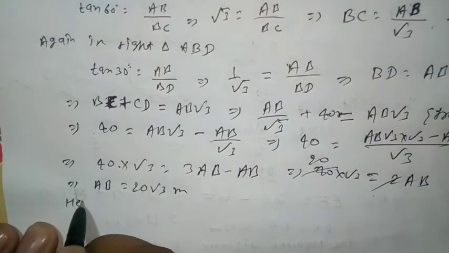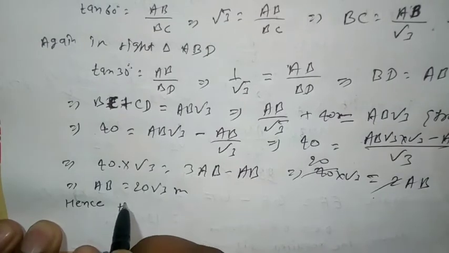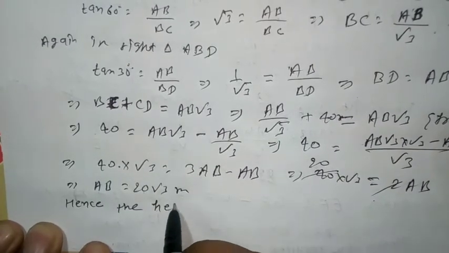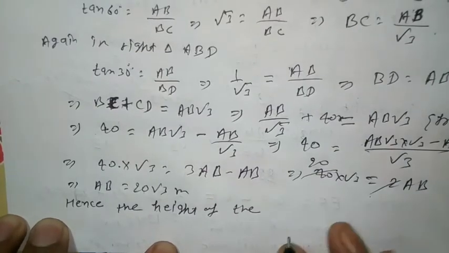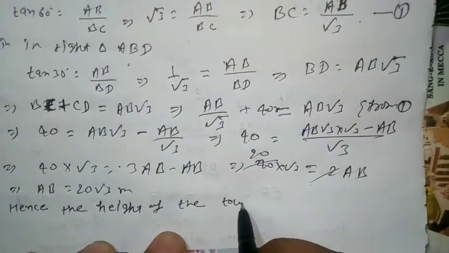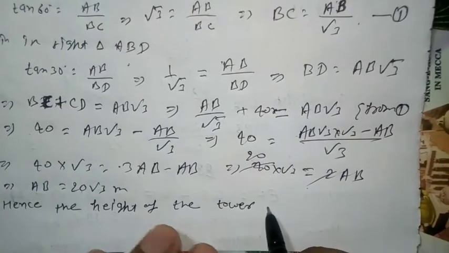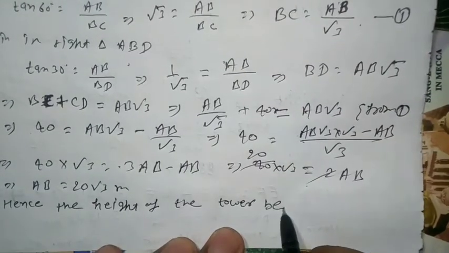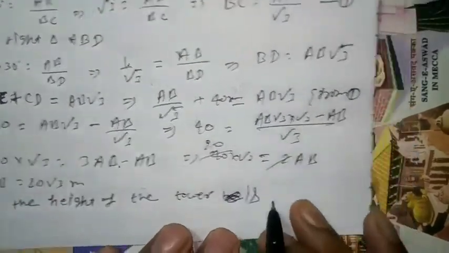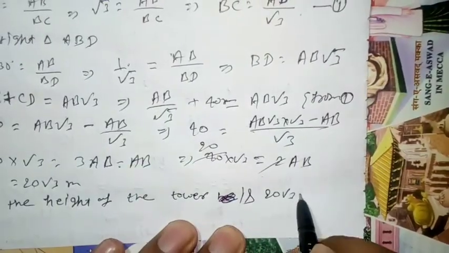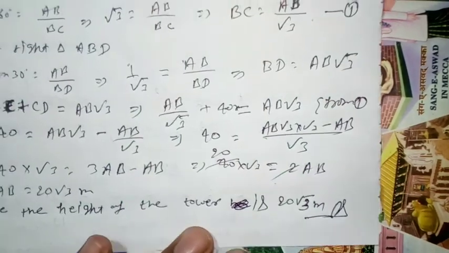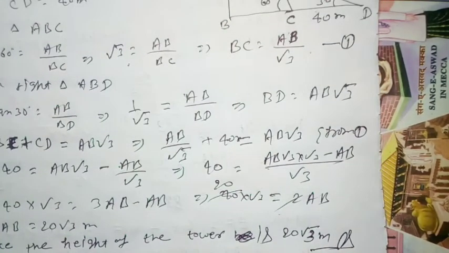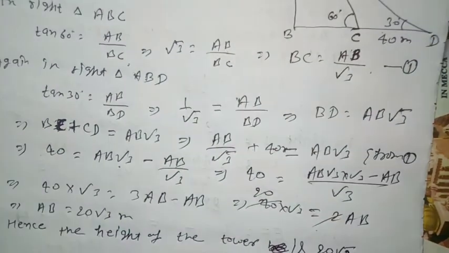Hence the height of the tower is 20 root 3 meter. Answer. Now the next question of exercise 9.1.